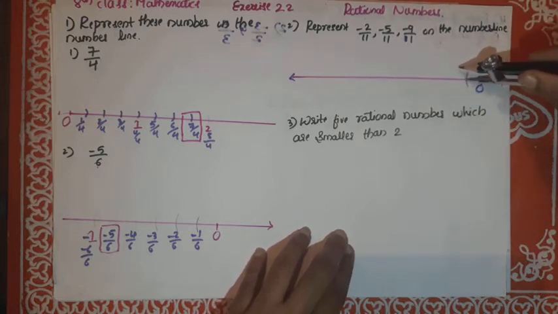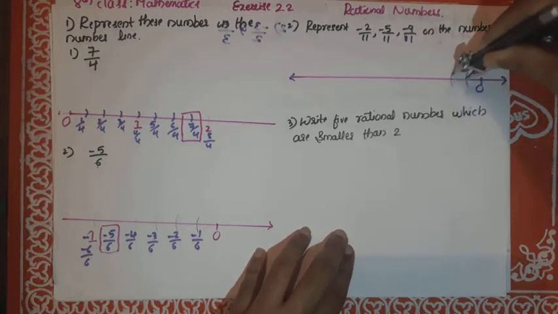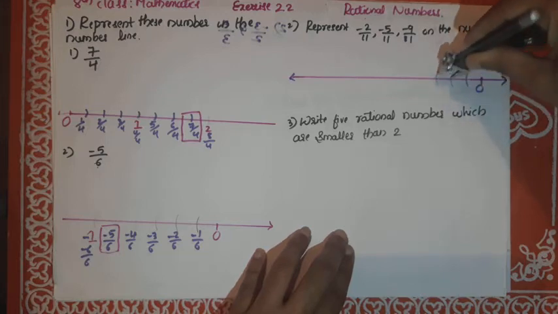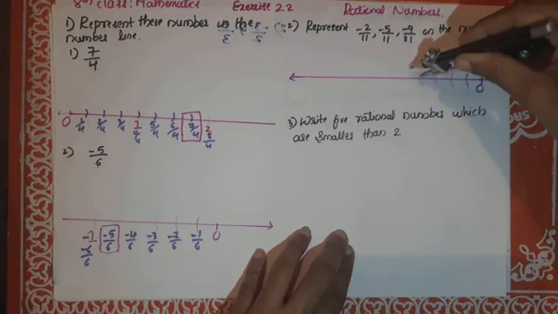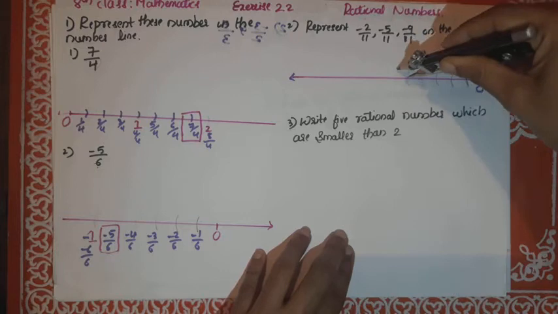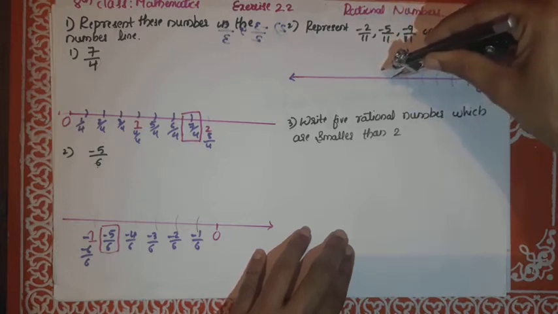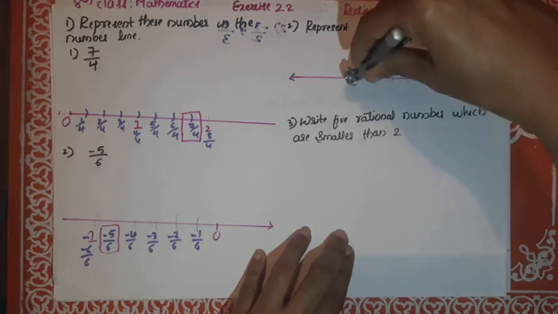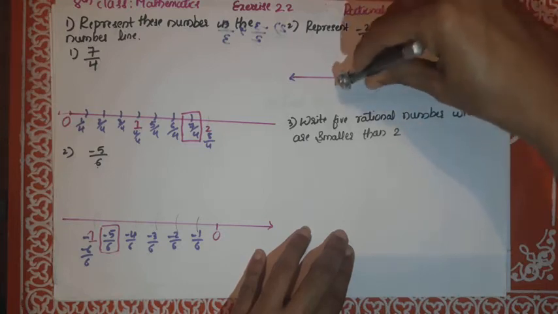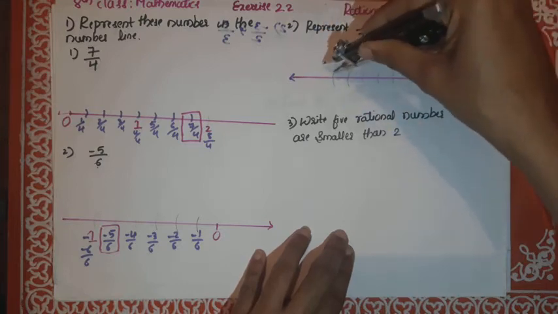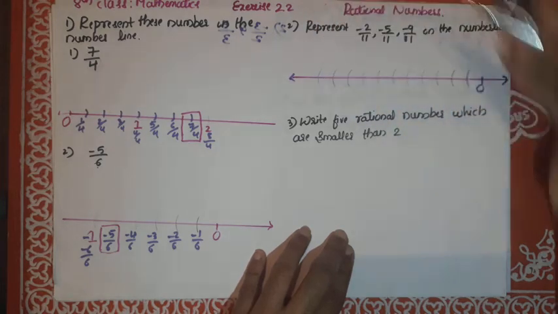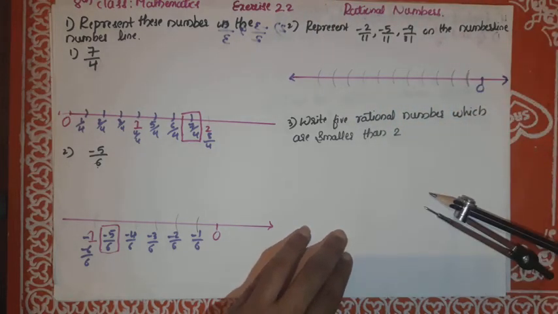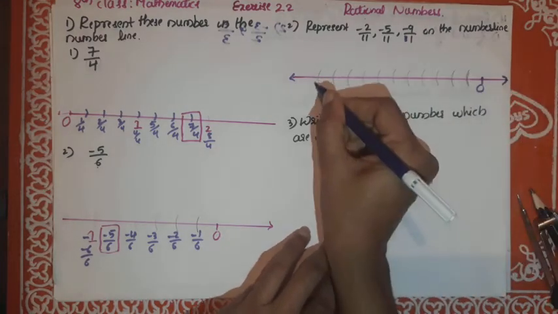1, 2, 3, 4, 5, 6, 7, 8, 9, 10, 11. We divided into 11 parts. The first part is negative. This is minus 1.